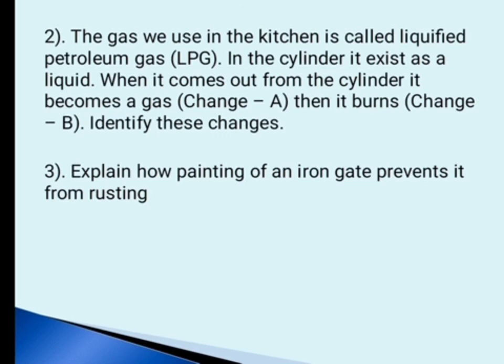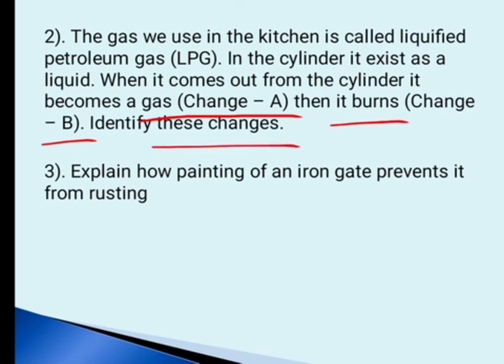Now, second question is, the gas we use in the kitchen is called liquefied petroleum gas or LPG. In the cylinder, it exists as a liquid. When it comes out from the cylinder, it becomes gas. This is the first change. And then it burns. This is the second change.